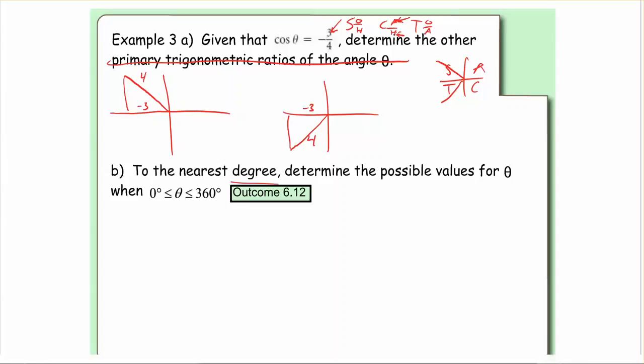If you did your Pythagorean theorem, this would end up being square root of 7, I think. Yep, square root of 7. And this one would end up being square root of 7 as well. But one thing you have to check, because it's a common place to make a mistake, is that it's negative square root of 7 because it's going down. You just have to add that after the fact. Make sure you remember that. So that's negative square root of 7.